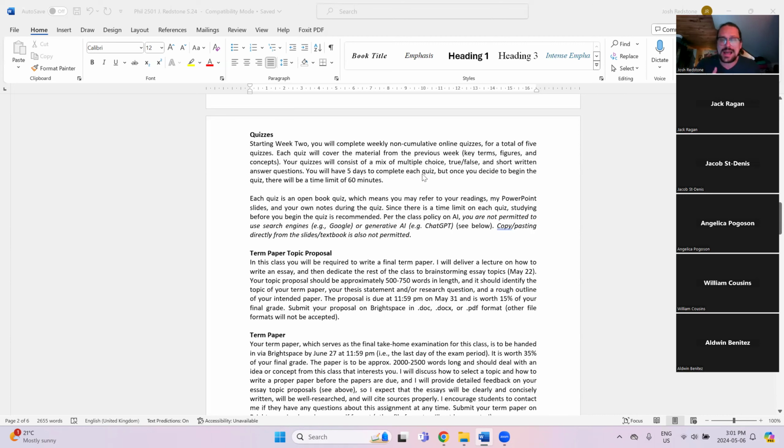And do not, absolutely do not, under any circumstances, use ChatGPT or any other generative AI. That is expressly forbidden in my class. A lot of people, I've been finding in other classes, use ChatGPT almost like they use Google. This is a very bad idea.